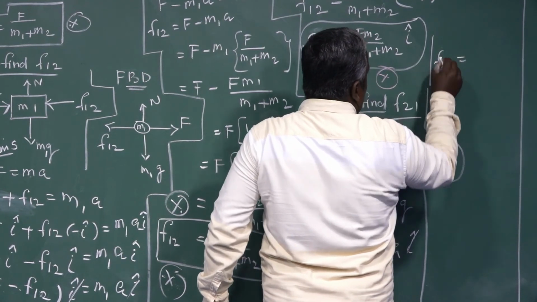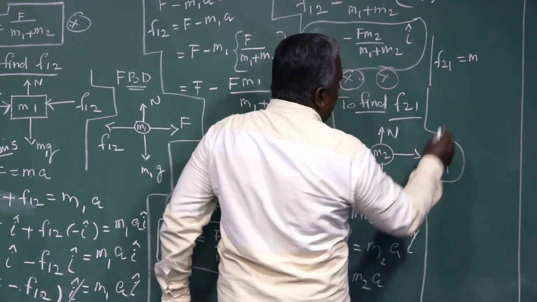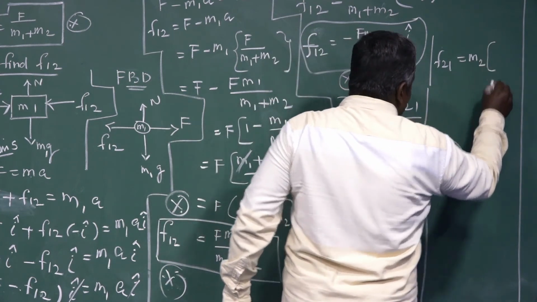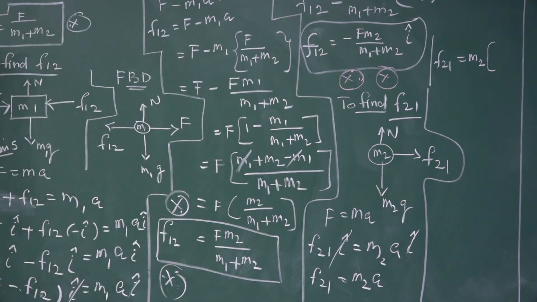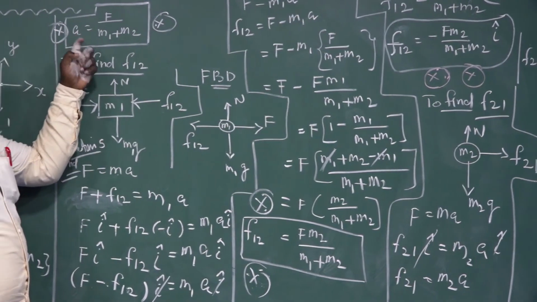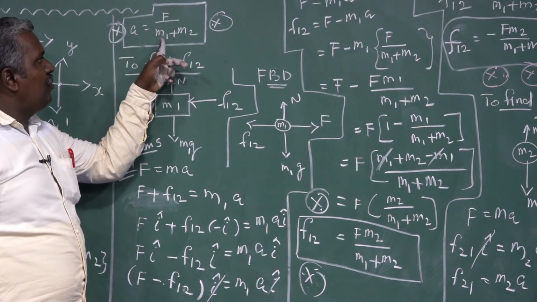So F21 is equal to, what is the mass here? M2. The value of a is already calculated: the acceleration of the system, capital F by small m1 plus small m2.